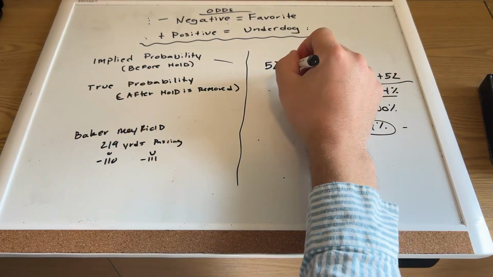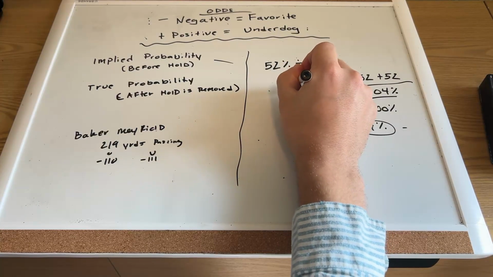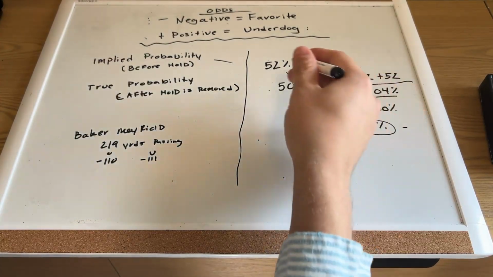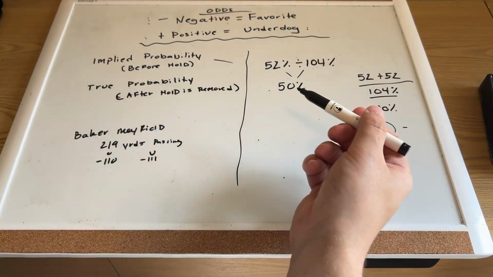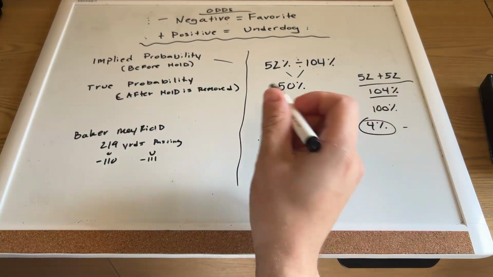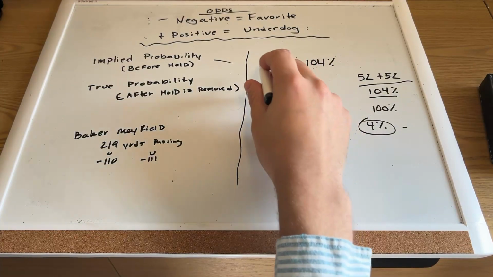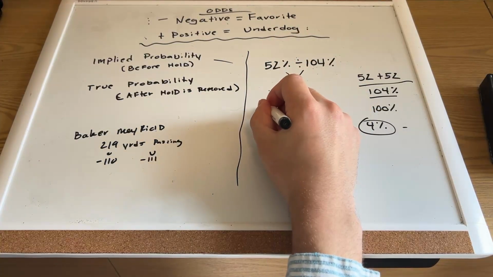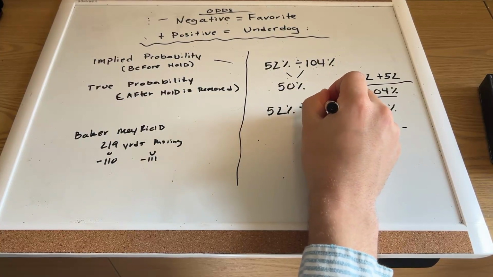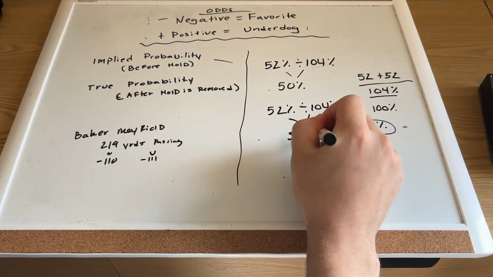And what you're going to have is your true probability, which will be 50%. In this scenario it's going to be the same thing because, remember, my implied probabilities between the two were essentially the same. But just for fun, once again, the over was 52, the under was also 52. So you do it again, 52% divided by 104%, and you're going to get the same thing, 50%.